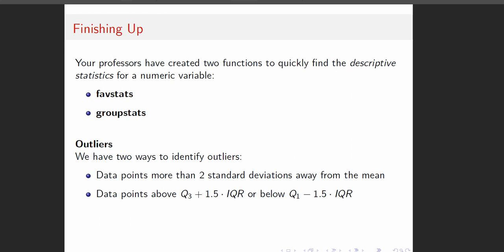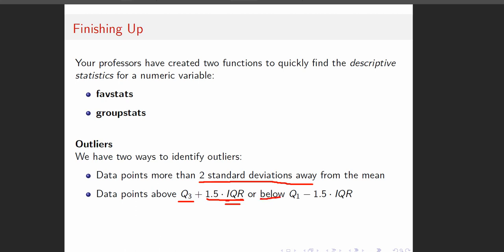Okay, and then outliers. So we have 2 ways in this course that we're going to identify outliers. One way is we check a number in the data set and see if it is 2 standard deviations away from the mean or more. Then I can call it an outlier. Or, and this is the way the box plot does, I have this IQR number, and to find if something is more than Q3 plus 1.5 IQRs, if it's higher than that, it's an outlier above.